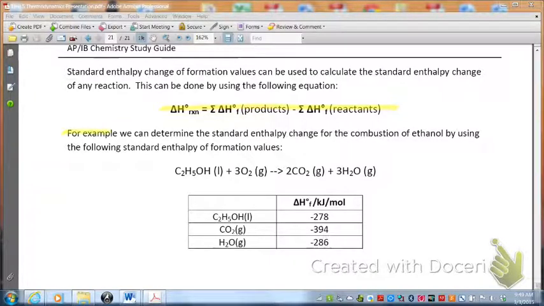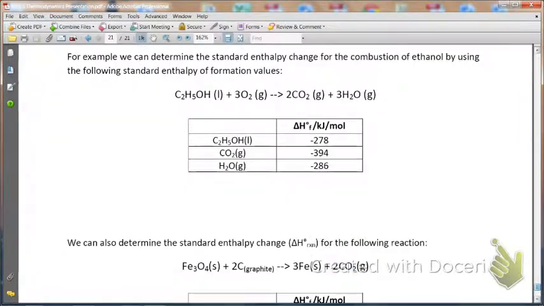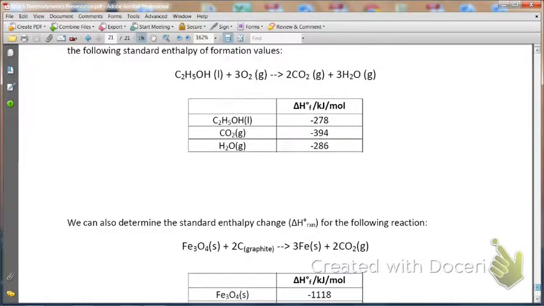So, for example, we can determine the standard enthalpy change for combustion of ethanol by using the following standard enthalpy of formation values. All right? So let's go ahead and work some of these out using our equation up there at the top.